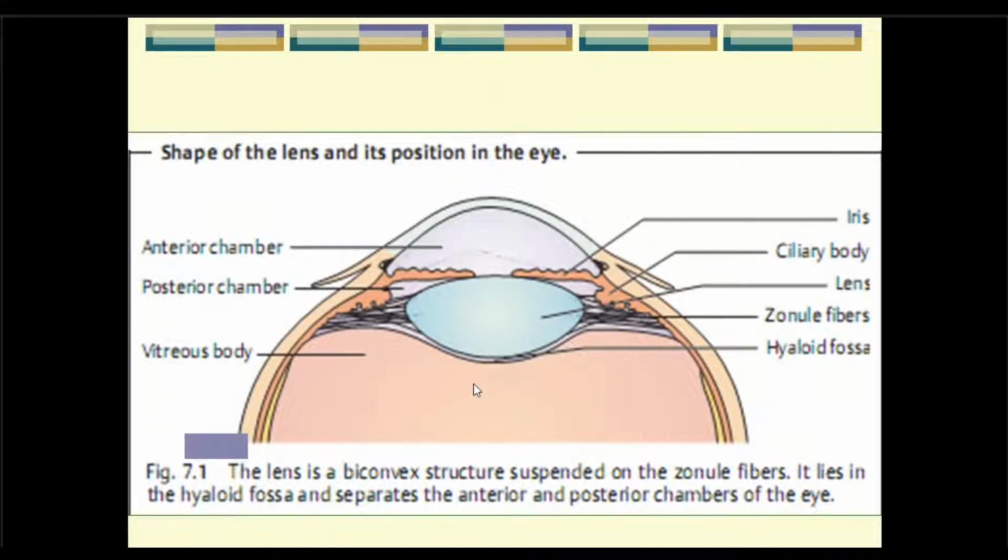On this picture, you can see the position of the lens in the eye. So, the lens is situated in the posterior chamber. Its contact with the iris is anteriorly, and here is the anterior chamber.